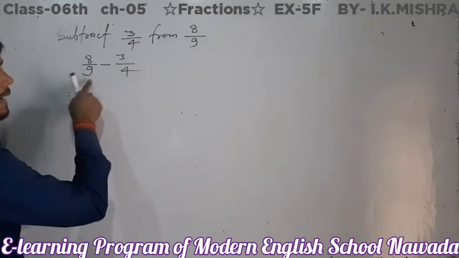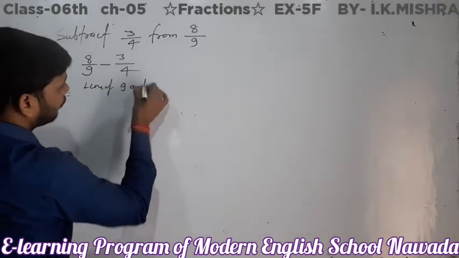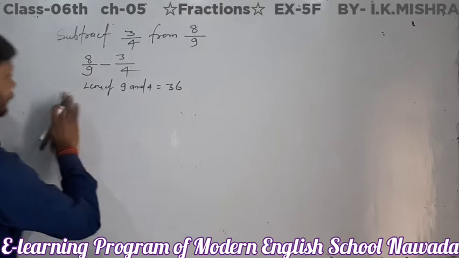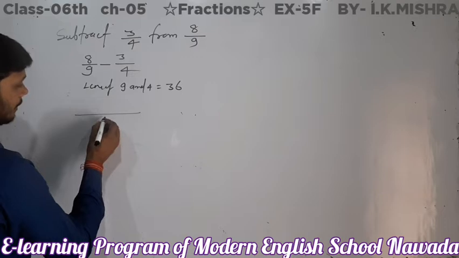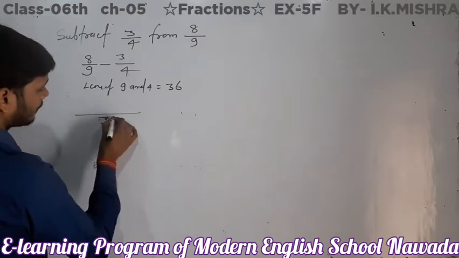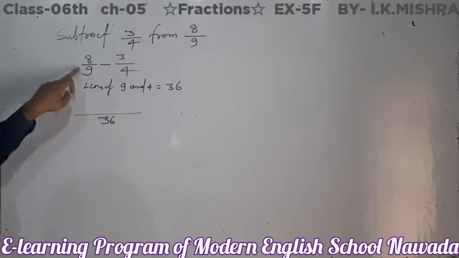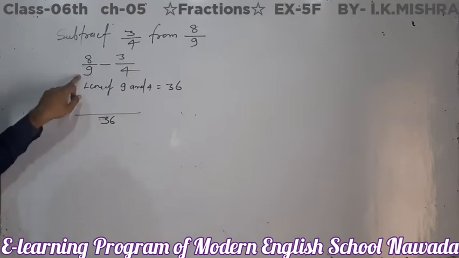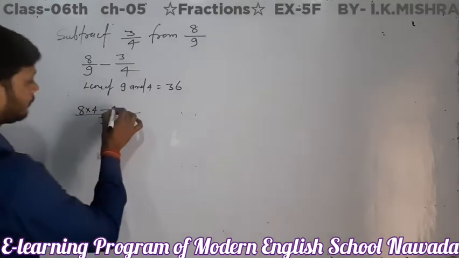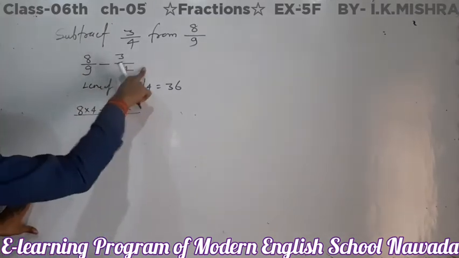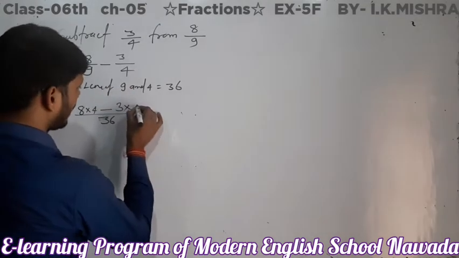Now first find the LCM of 9 and 4, which is equal to 36. Write 36 in the denominator. When you divide 36 by 9, it is 4 times, so 8 into 4, minus 3 into, when you divide 36 by 4, 9 times.